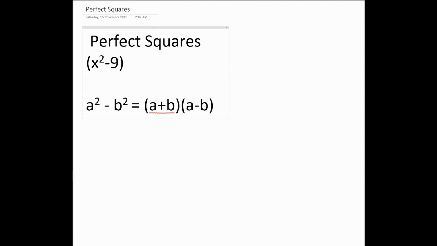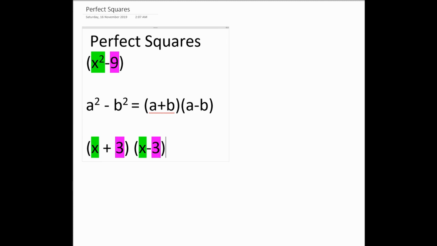For this one, we just have to take note of this particular formula: a squared minus b squared, the factor of this binomial is a plus b and a minus b. For this example, x squared minus 9, the square root of x squared is x.